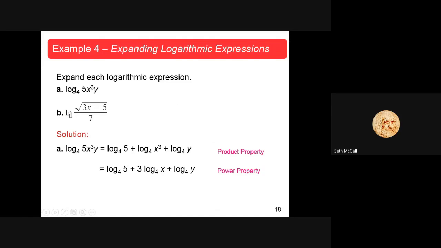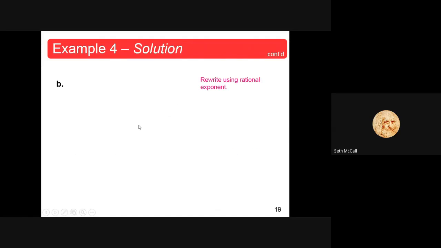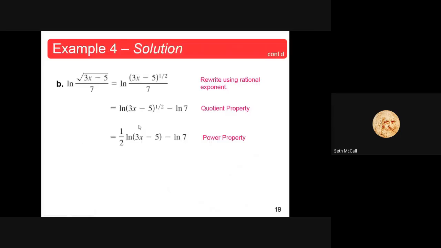This starts out as natural log of the square root, and that turns into the 1/2 power, and then we're going to break this up so it is the natural log of 3x minus 5 to the 1/2 power minus the natural log of 7. So it's the natural log of the numerator minus the natural log of the denominator.